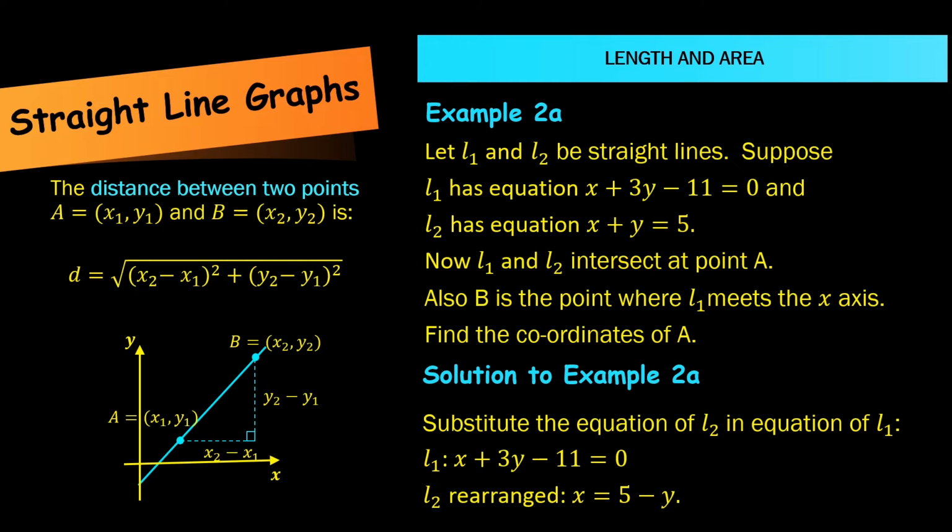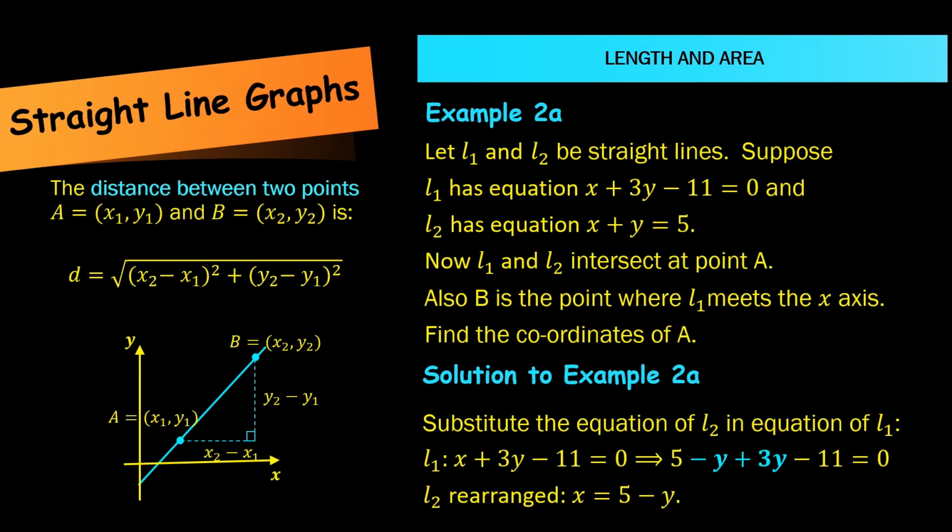L2 rearranged is x equals 5 minus y. So let's substitute 5 minus y in equation L1 here, to give 5 minus y plus 3y minus 11 equals 0.